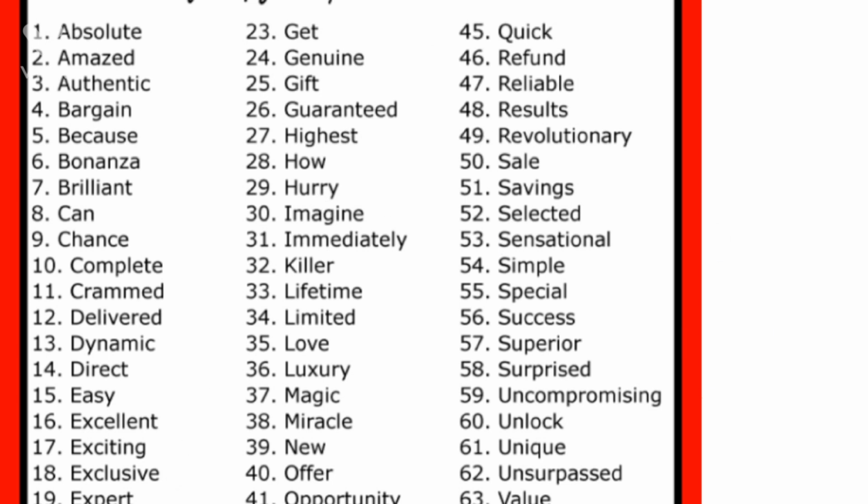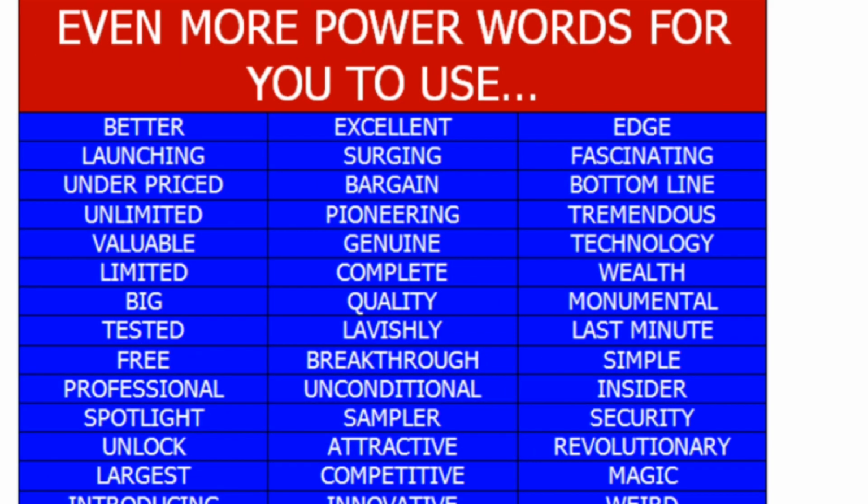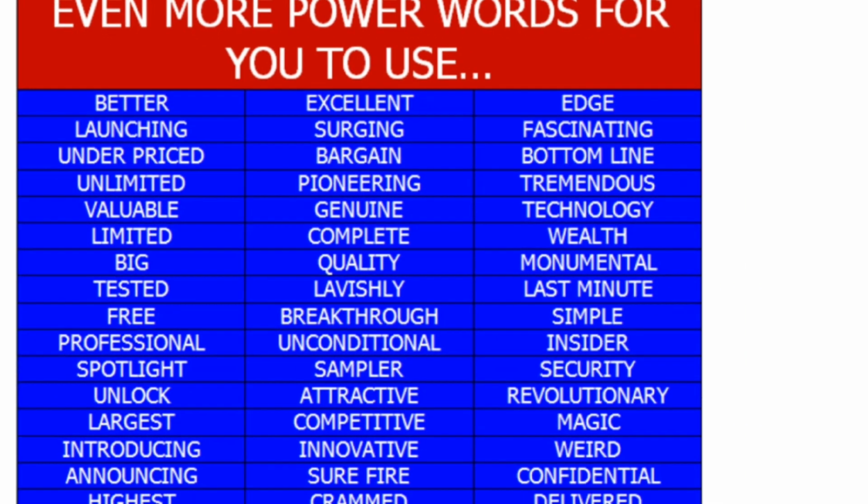These are words that just stand out to you, right? So use these words within your headlines. Here's some more power words to use as well. You don't even have to go out and buy swipe files or anything like that. There are tons of swipe files on Google that you can actually use.